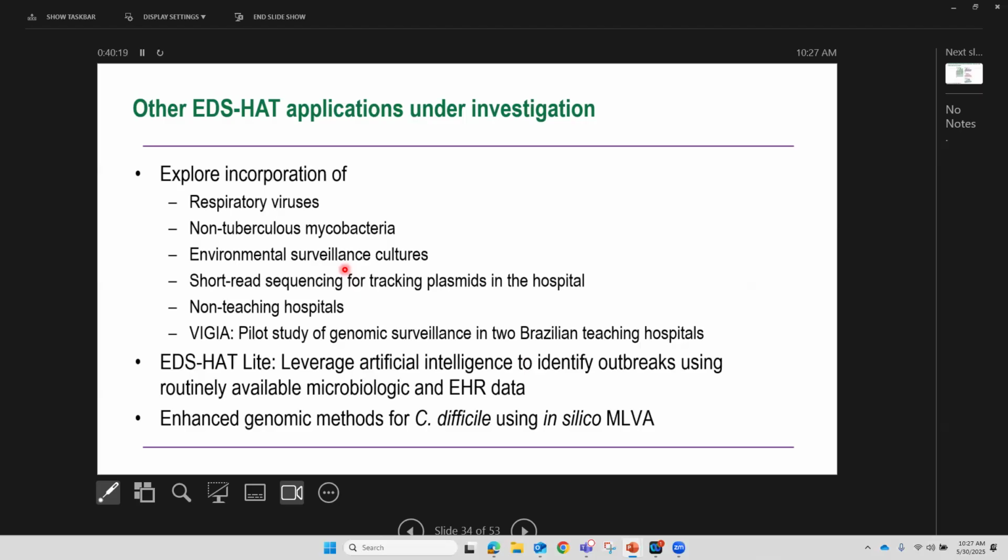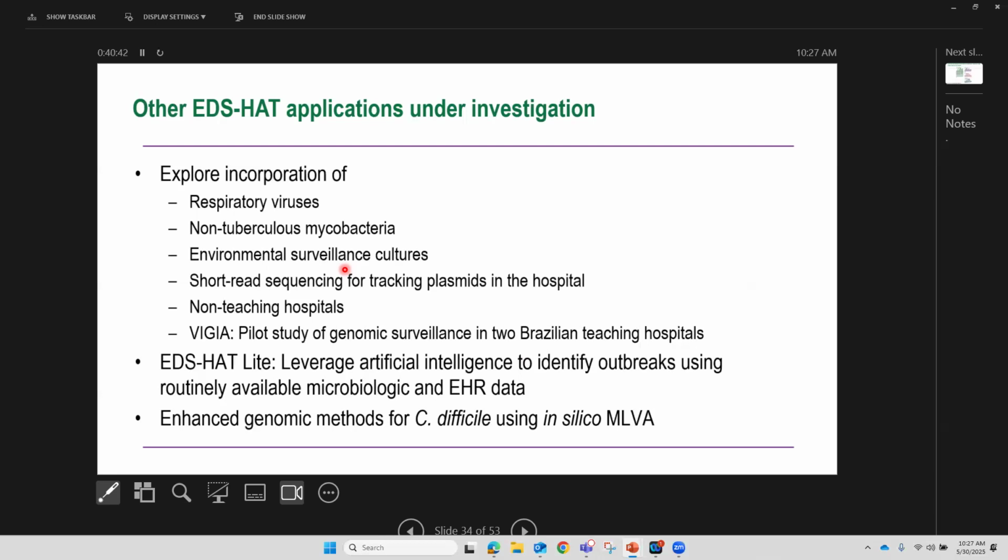And so we've had outbreaks of a particular plasmid, an NDR plasmid, in up to 7 or 8 bacterial species, typically gram-negative rods. And so we have a project to use Illumina sequencing, which is not traditionally used for elucidation of plasmids, for tracking plasmids in the hospital.